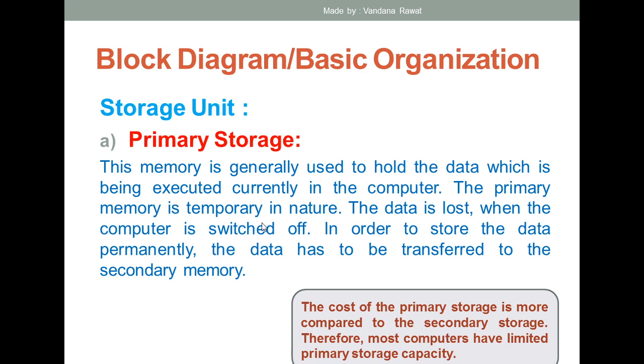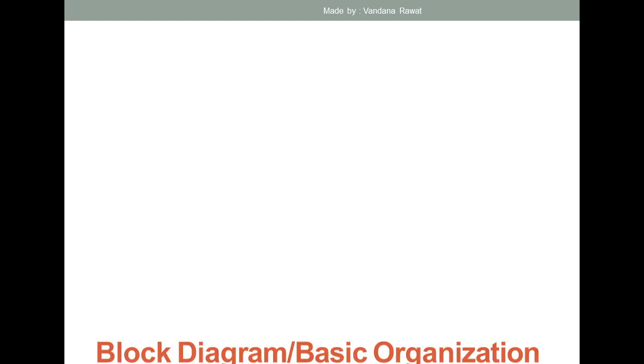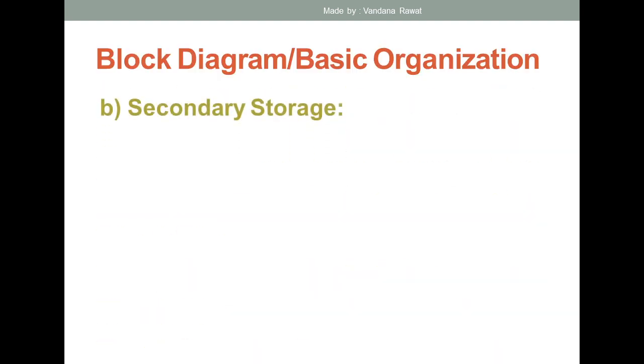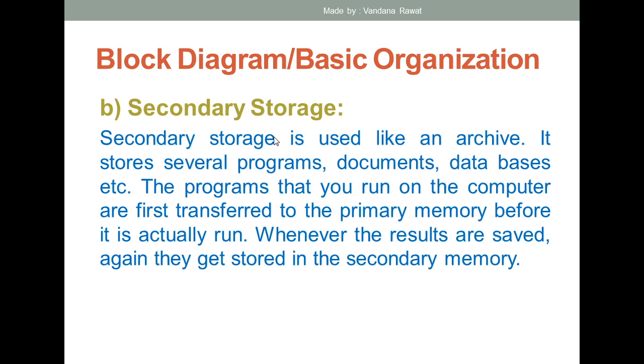Then the next type of storage is secondary storage. Primary storage is not able to store the data permanently for future use, so another type of storage is required to save the results. Then the concept of secondary storage comes in.